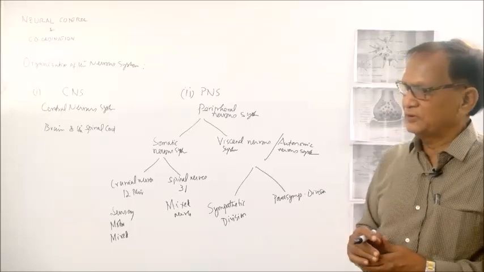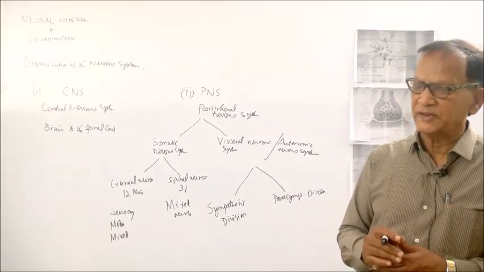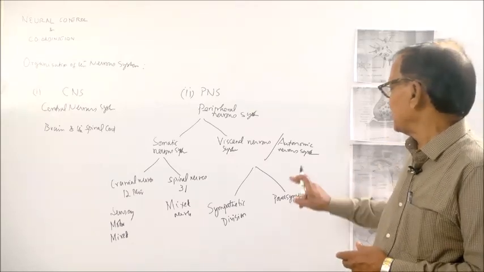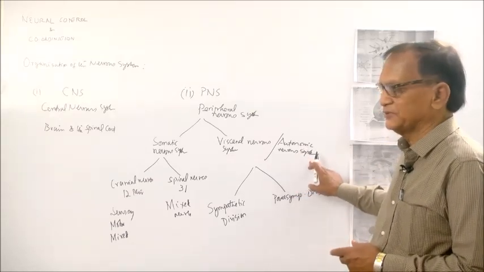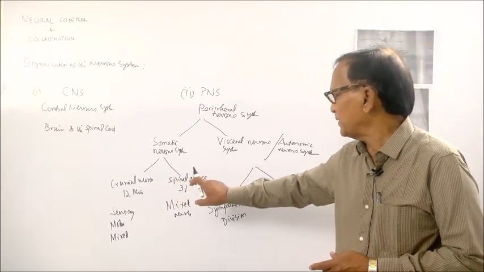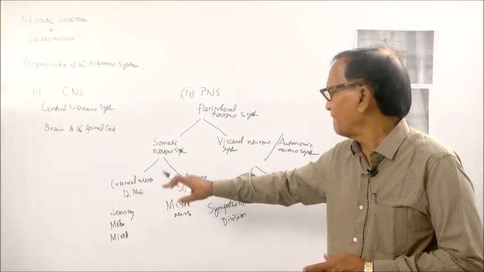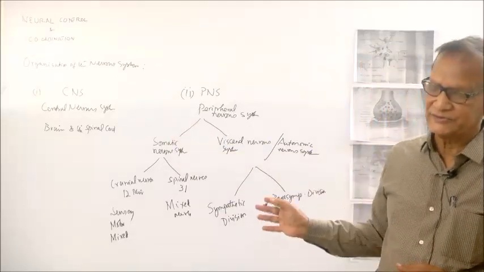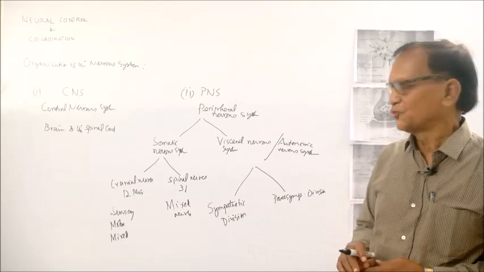That means, if we want, we cannot directly control their function. So that is why they are called autonomic. That means they are autonomous, not dependent on the central nervous system. But shortly again we will see that this is not very true.